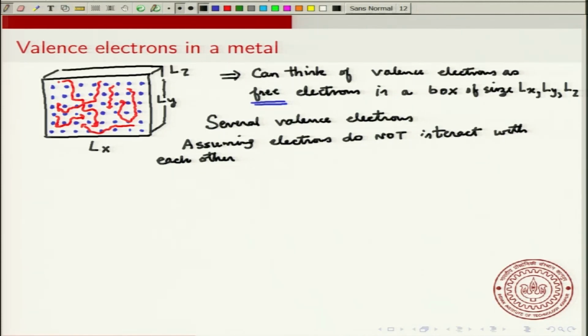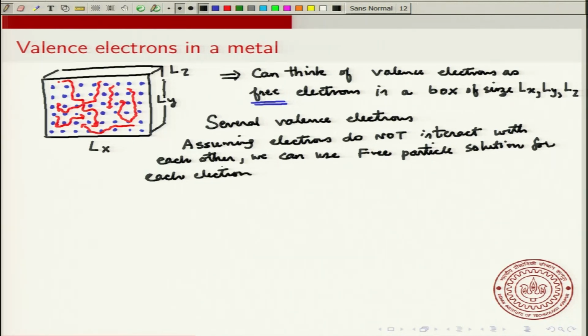Let me write here: we can use the free particle solution for each electron, each electron independently. This is one of the ideas of the free electron model.